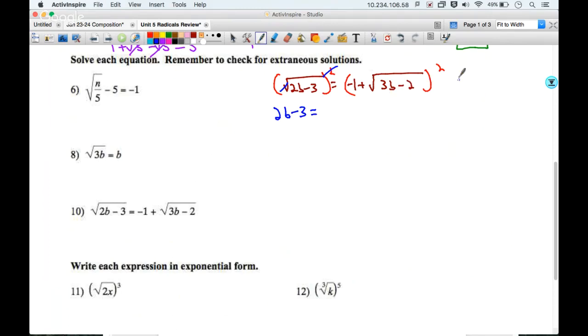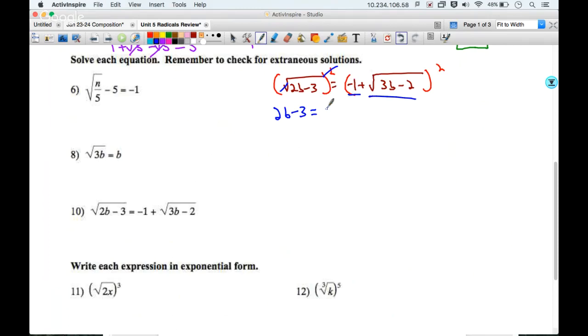On this side over here, if you want, you can write out the intermediate step where you actually write out negative 1 plus the square root of 3b minus 2 times itself. I haven't even left room for that, but essentially you've got to FOIL this. It's only foiling because this still only counts as 2 terms, but here's what it's going to become.